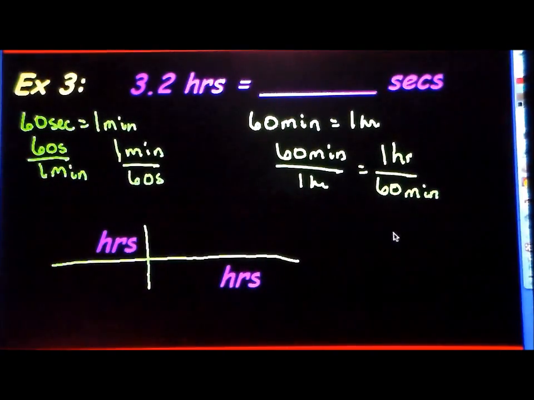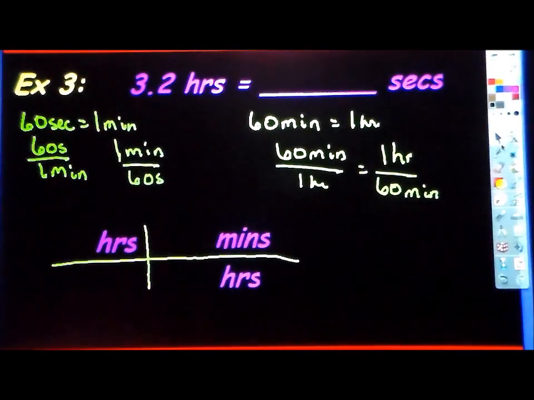So the only one of these that has hours on the bottom would be this one right here. So that means I'm going to need minutes on top, which is nice, but that doesn't give me the seconds. So I'm going to have to do a second step.